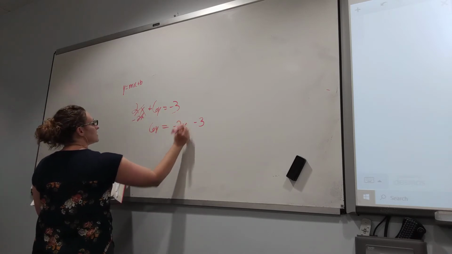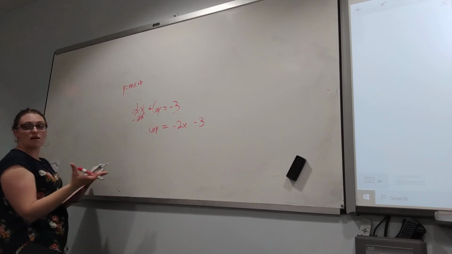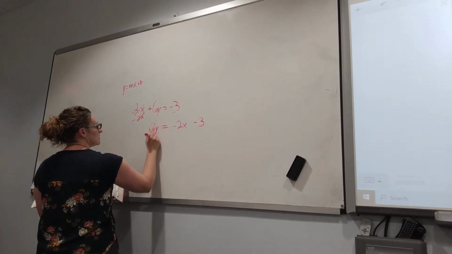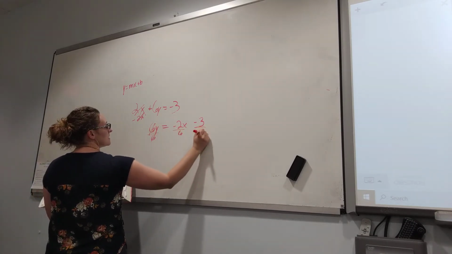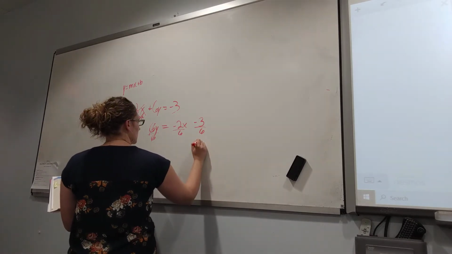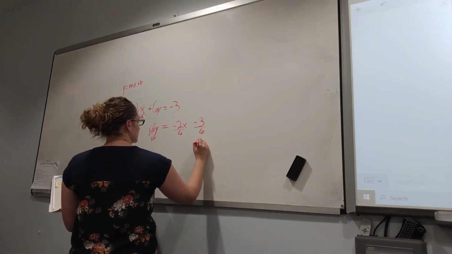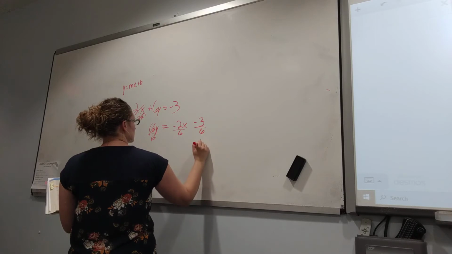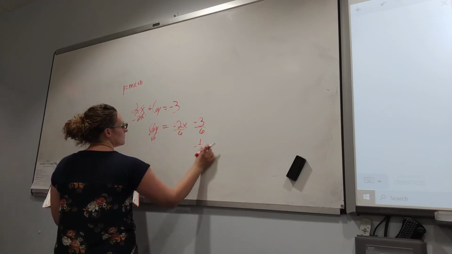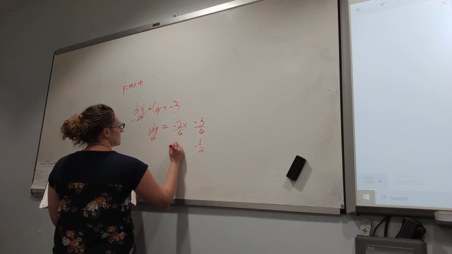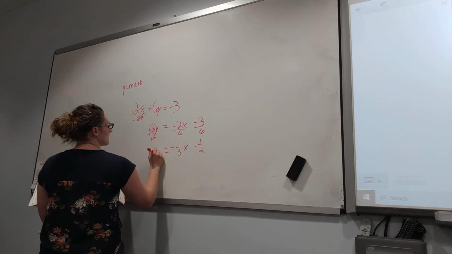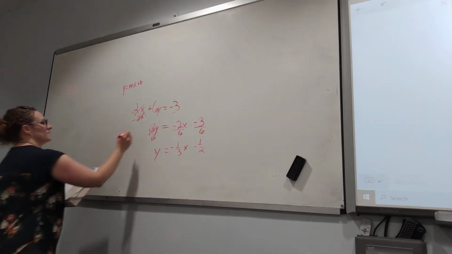So that's almost it, right? Divide this by 6, divide this by 6. So it's y equals -1/3 x. So that's A.